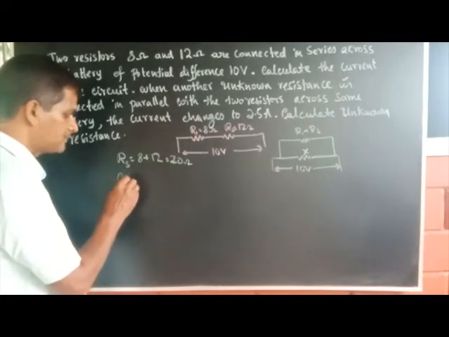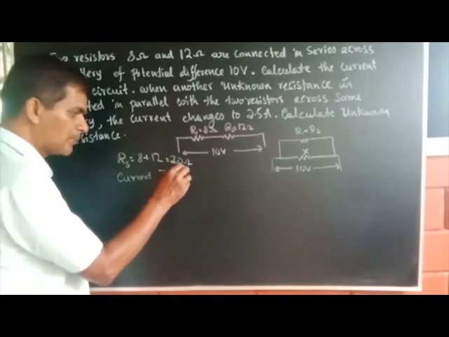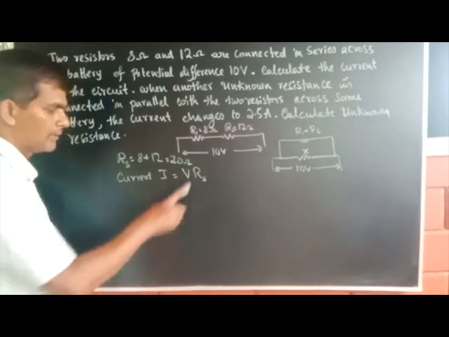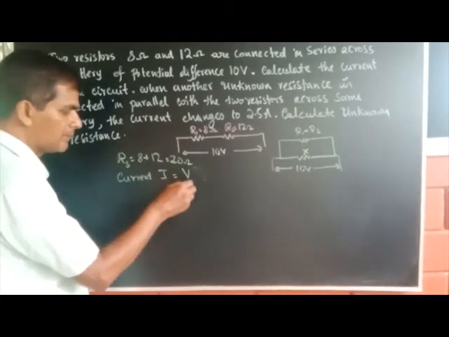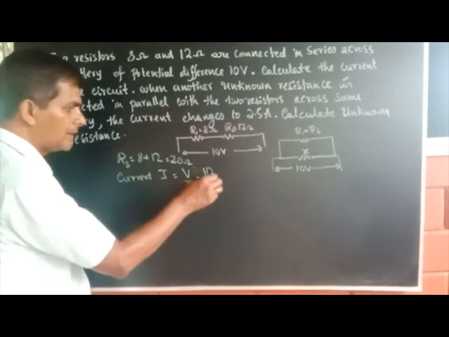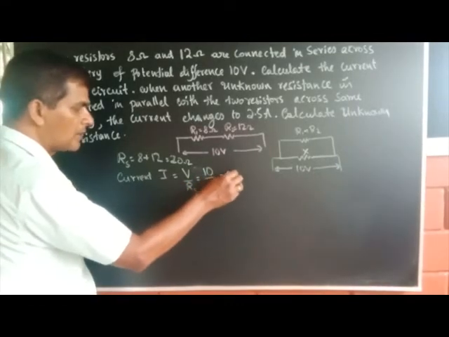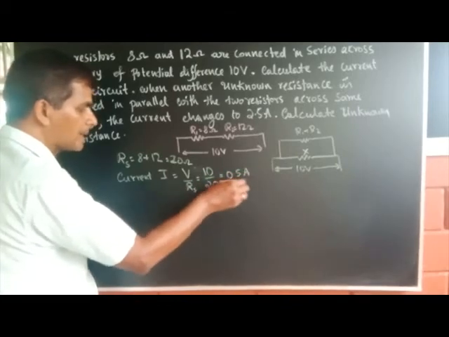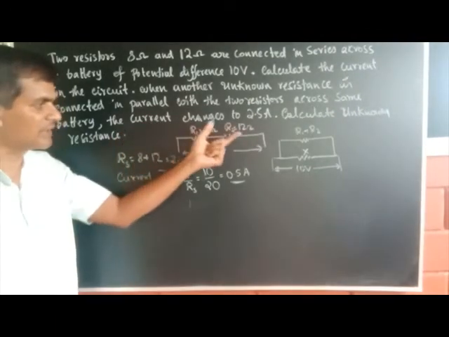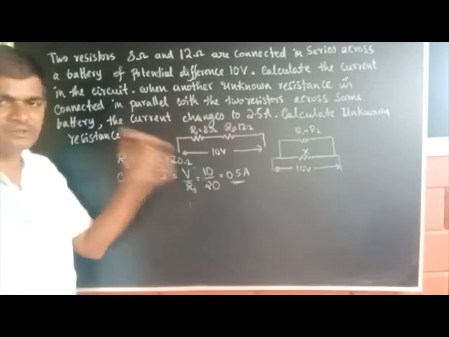Then the current in this series resistance: I is equal to V divided by R, that is 10 divided by the series resistance 20, we get 0.5 ampere. This is the current in the first part. We got the current as 0.5 ampere.